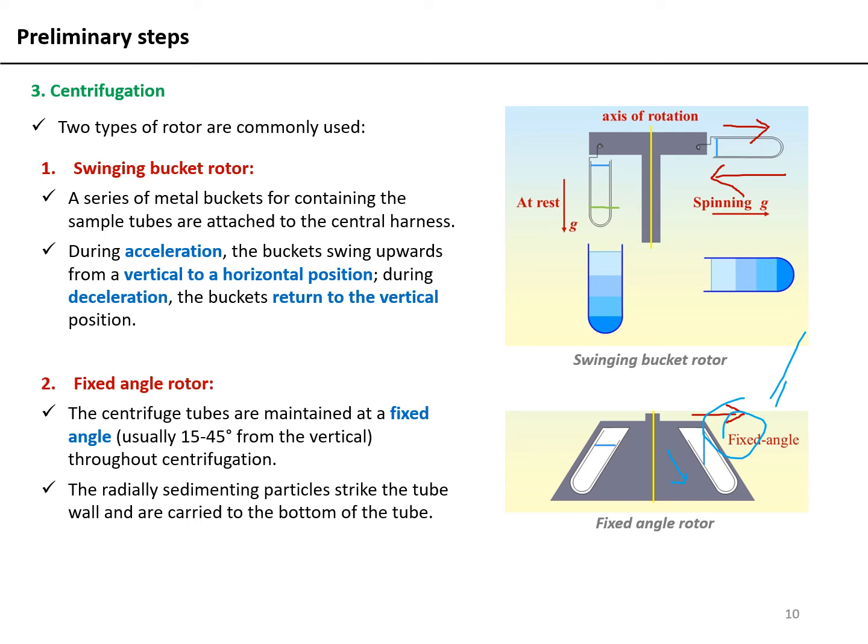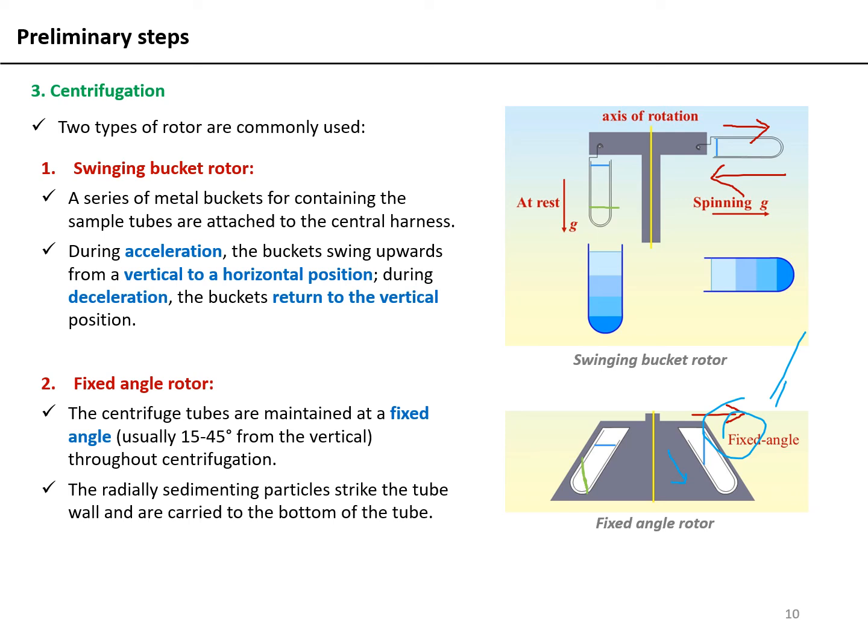But if you take out your tubes from a centrifuge which has a fixed angle rotor, the pellet that you obtain will be slanting like this, with more of the pellet on the side that was facing the outer direction and less pellet on the side facing the inward direction.